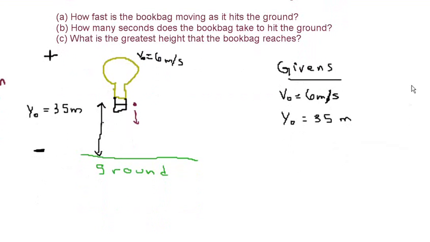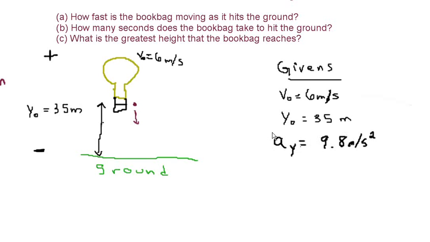Okay, another thing that is not given in the problem, but physics students must know it, is the acceleration in the y direction. And what is the acceleration in the y direction? That is gravity. Gravity is pulling down the book bag towards the ground. And you need to know the acceleration of gravity, which is about 9.8 meters per second squared.